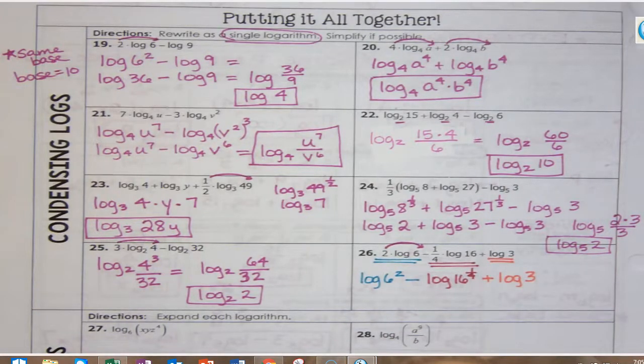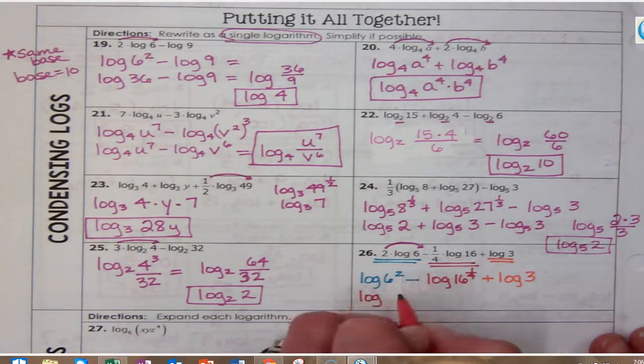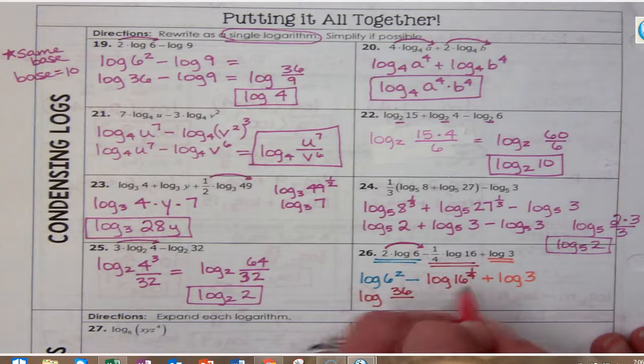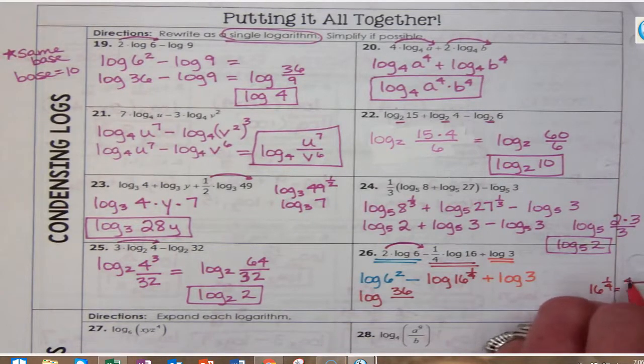Now, I find that to be a little bit confusing because of the plus 3 at the end, whether it goes underneath with the 16 or whether it goes in the numerator, but since it's not in parentheses, you're just going to assume it does not go in the denominator. So this is going to basically look like log 6 squared is 36 divided by the 4th root of 16, which equals 2.